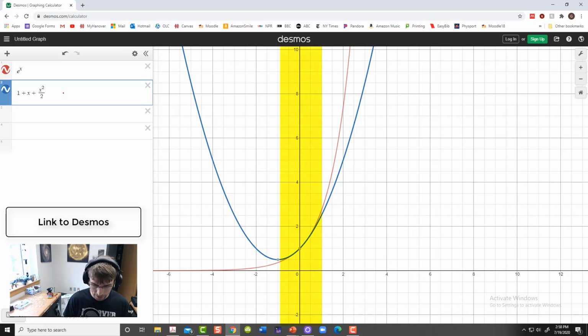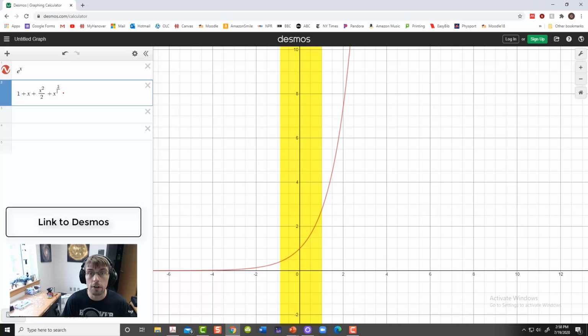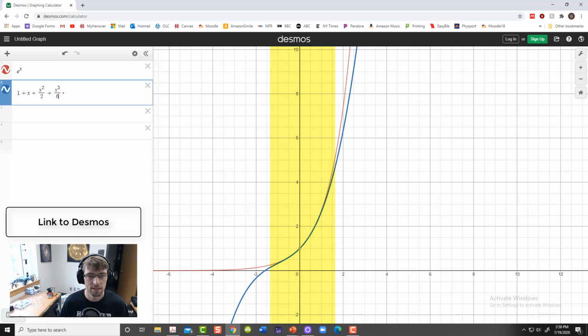Well, let's keep going. Plus, okay, so now you see the pattern. We have x to the third divided by, now we have to be careful, it's 3 factorial. So that's 6. And now, all of a sudden, hey, that doesn't look too bad. Right now, depending on what your tolerances are, you might be able to get up to, oh, excuse me, these hash marks are half.